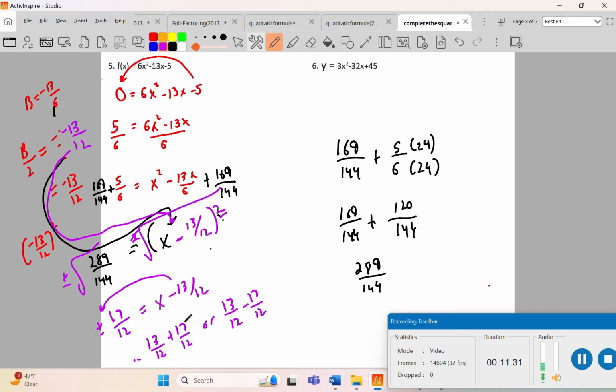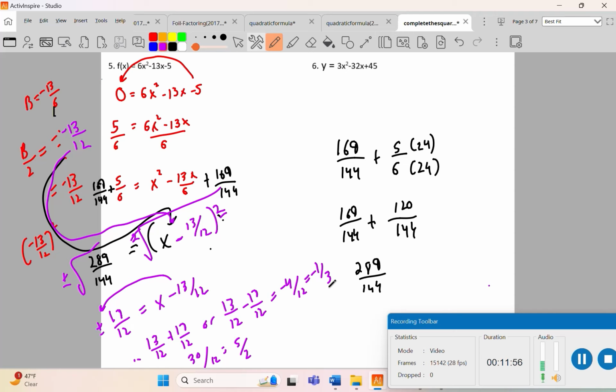So 13 and 17 is going to make 30, I think. And 30 over 12 is going to reduce down to what? Those divisible by 6, 5/2. Here we're going to have -4/12, which is going to reduce down to -1/3.